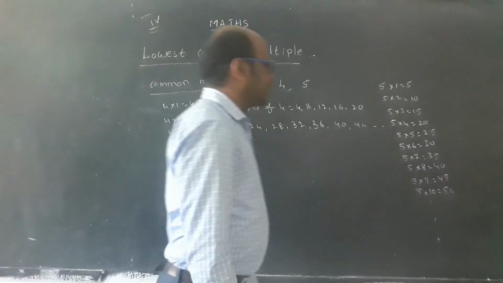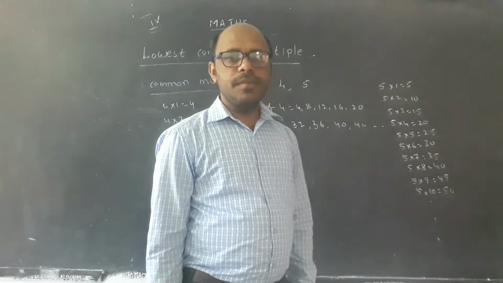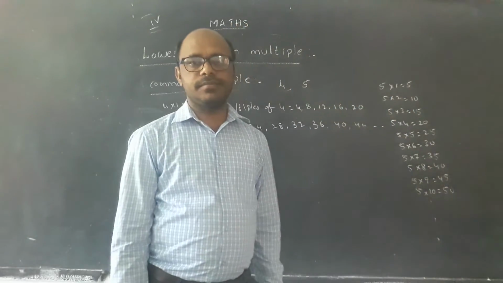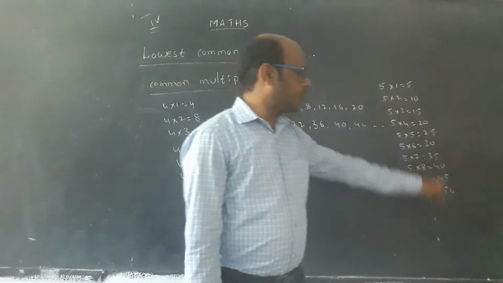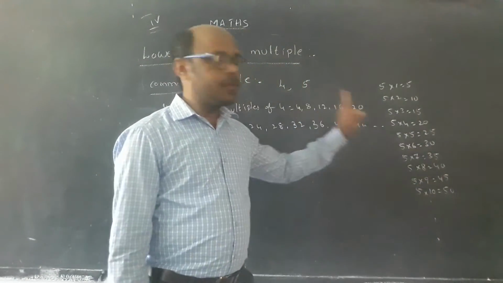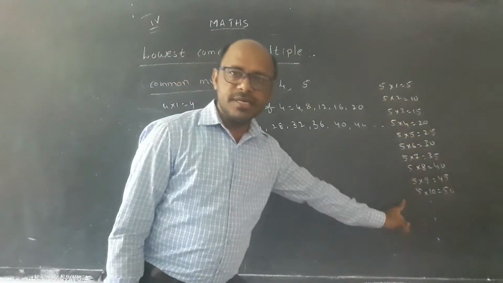Next, children, here the common number is 5. With 5 I multiplied other numbers and got the products. That product we call multiples of the common number, which is 5.